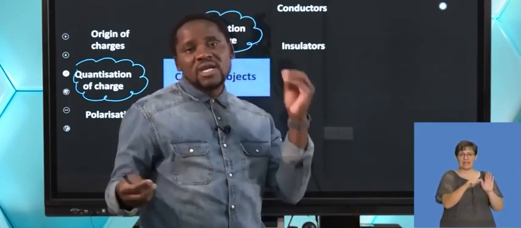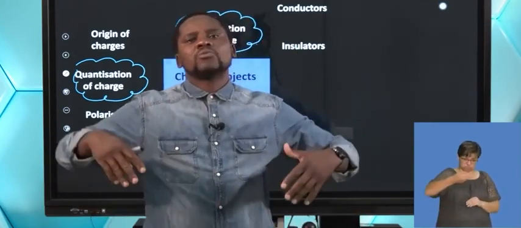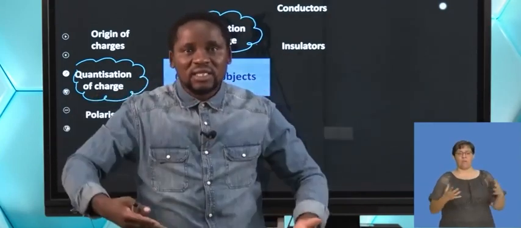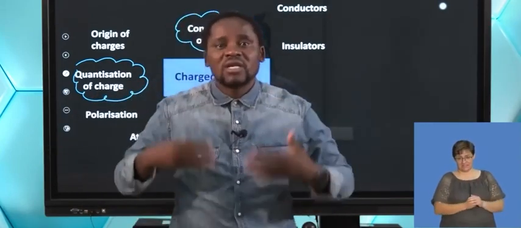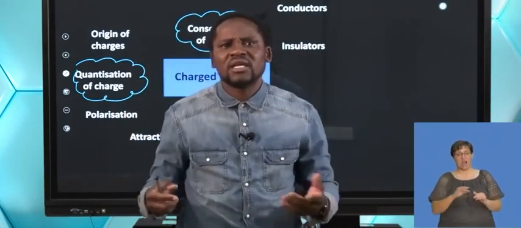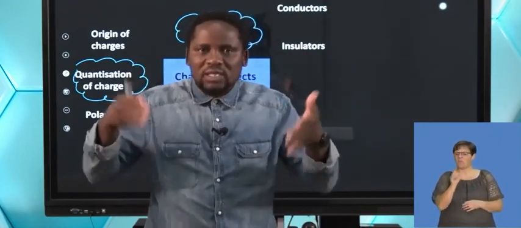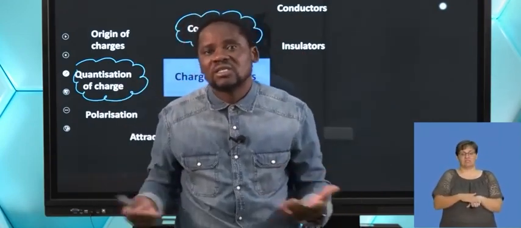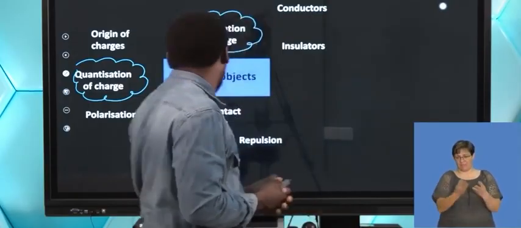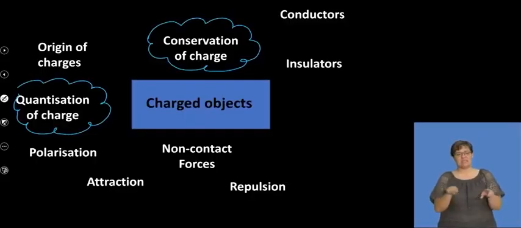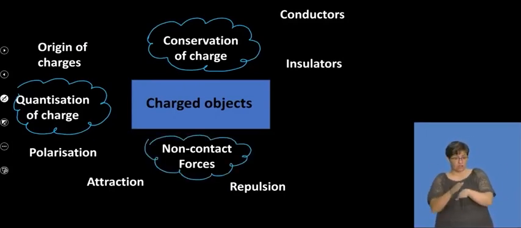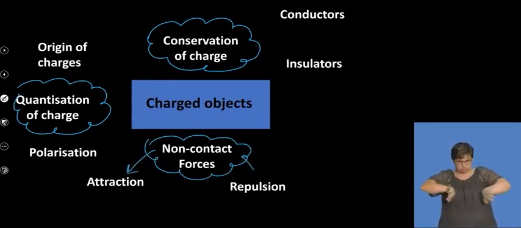So if we add a lot of electrons, it has more electrons in excess, then it is even more negatively charged. That's the big idea of what it means when we say that charge is quantized. Right? So we also looked at the non-contact forces, because where there is charge, there are forces involved. And these forces are either attraction or repulsion.